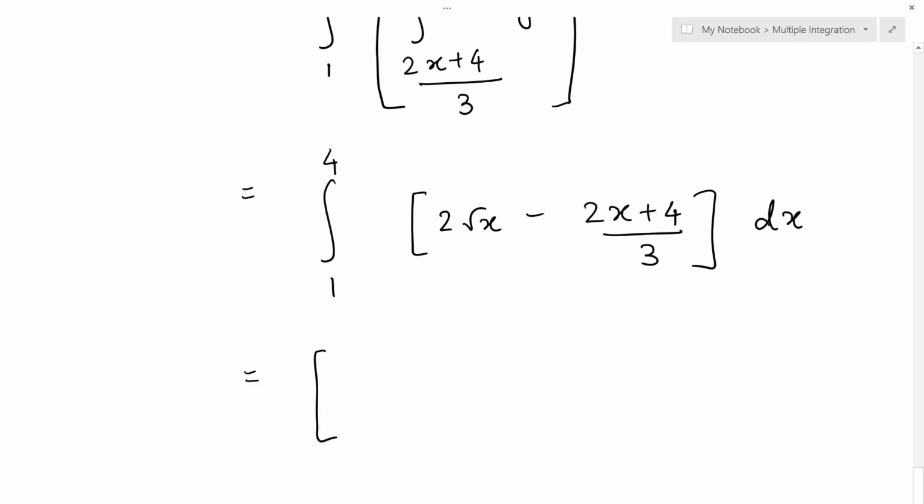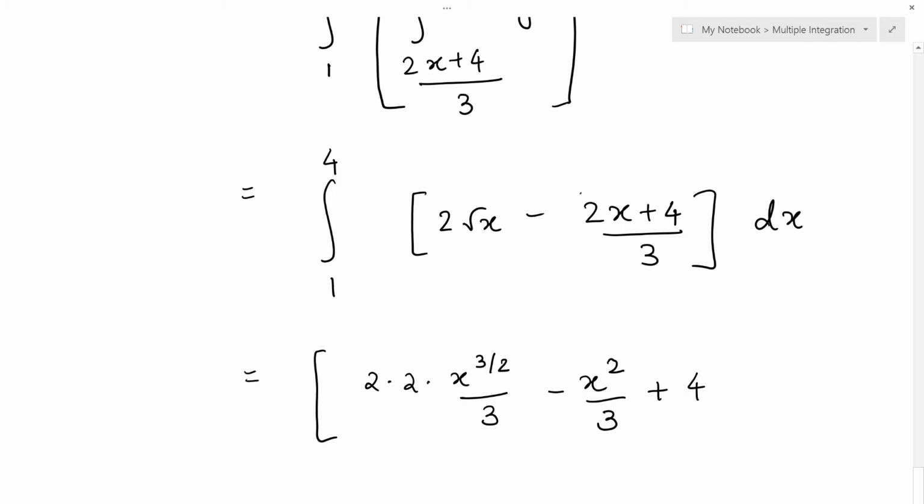So that is 2, and x raised to 1 by 2 can be written as x raised to 3 by 2 by 3. This 2 will go, 3 by 2, minus 2x square by 2. So x square by this 3 will come, 2 will get cancelled, plus 4x.